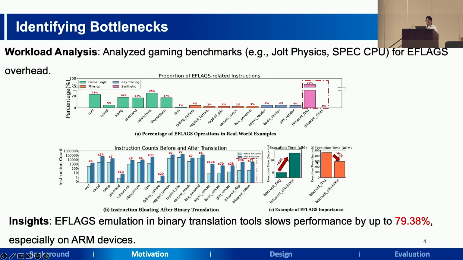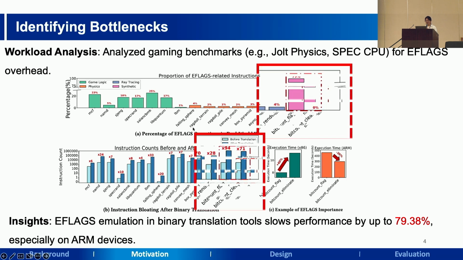Profiling on optimized QEMU reveals that EFLAGS emulation dominates translation overhead. 25% of instructions in this kernel, 80% in this one, and 79% in a physics kernel are just for flag bookkeeping. Since each x86 flag update explodes into several ARM instructions, some kernels see a 174 times jump in instruction count.